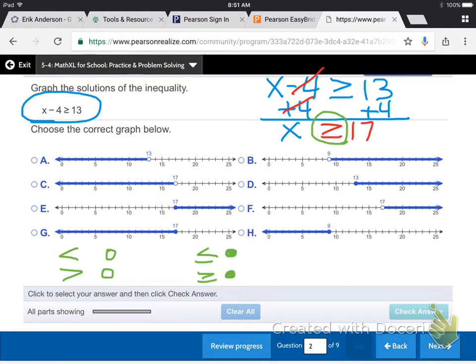So less than or equal to and greater than or equal to mean filled in circles. So let's find which one we're talking about. If x is greater than or equal to 17, that means we are talking about this graph right here. Notice we have a filled in circle at 17, and we're talking about all the numbers to the right, greater than 17. So that graph matches our solution in our answer right here.